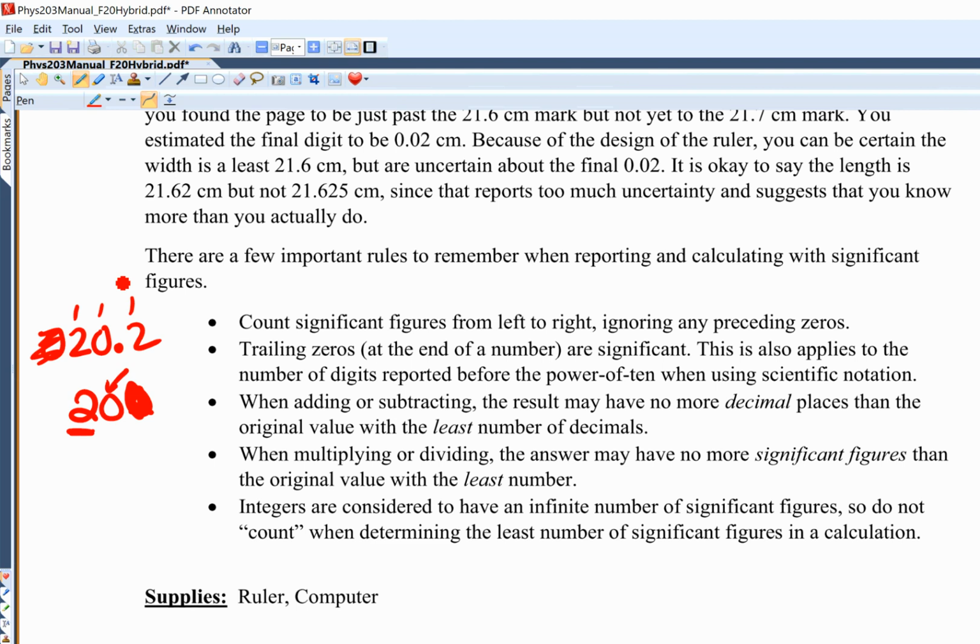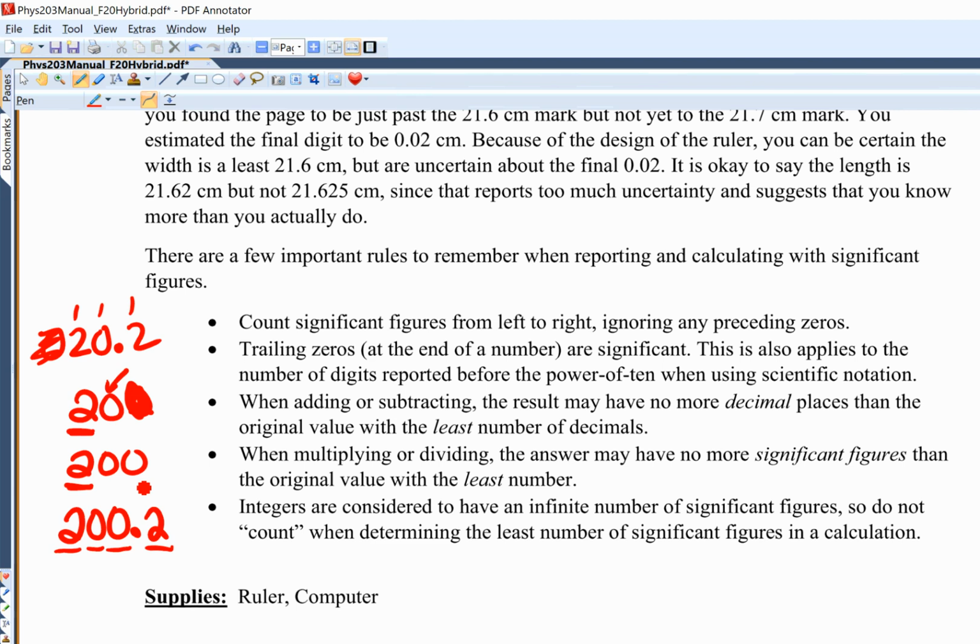So I only know this number to one significant figure. Likewise, if I have a number like 200, this is the only significant figure. However, if I have a decimal point like this, then this and this, all of those are significant. Or if I have another number after the decimal place, then all 4 of those are significant.